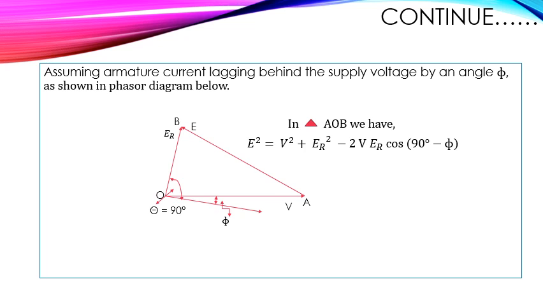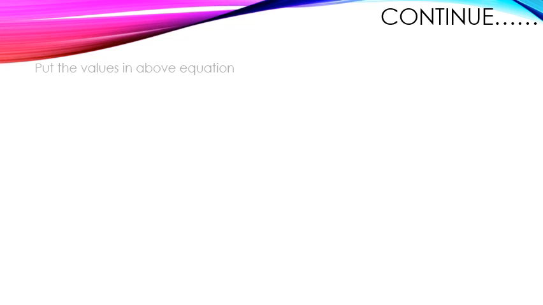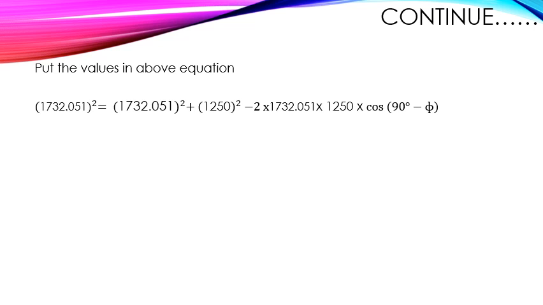So according to the phasor diagram in triangle AOB, we can get the equation E square is equal to V square plus ER square minus 2 VER cos of (90 degree minus phi). Here put the values and we can get angle phi.